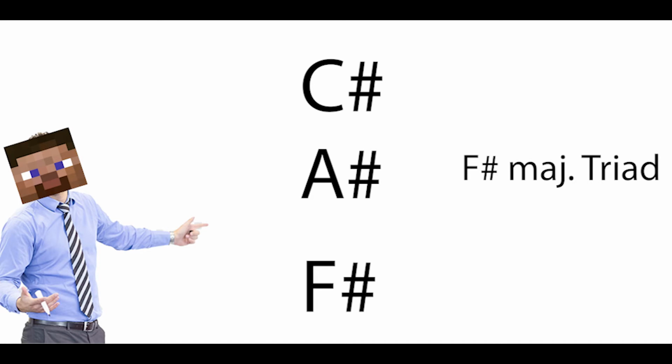Counting up, you go G 1, G sharp 2, A 3, A sharp 4. Since it's 4 semitones, it's a major third. Do this again for the top third, which is A sharp and C sharp, and you get B 1, C 2, C sharp 3, and you have a minor third. This means that the triad we were investigating was an F sharp major triad.